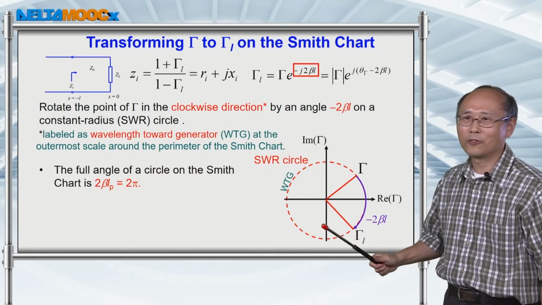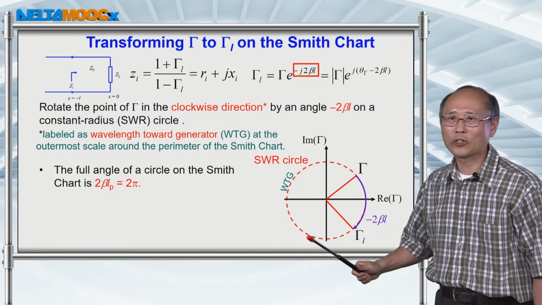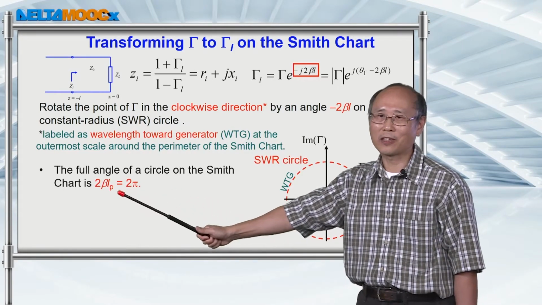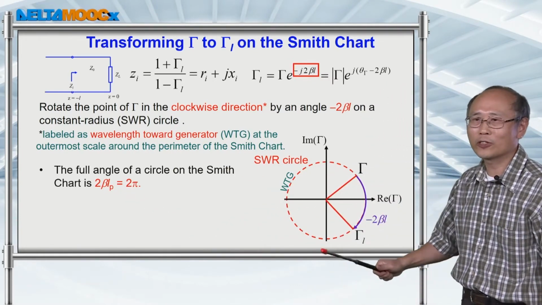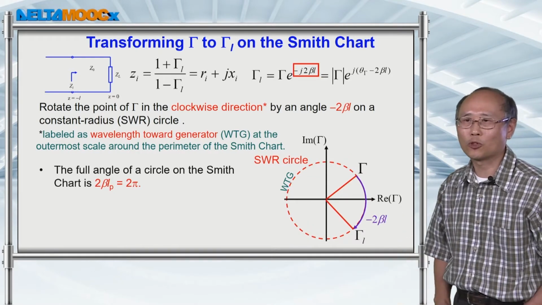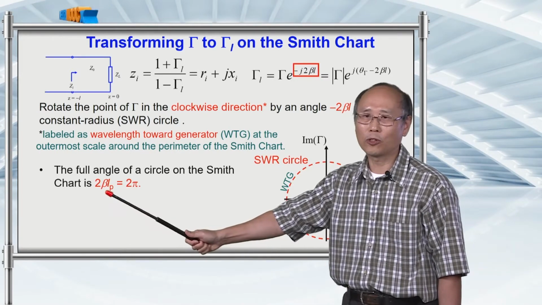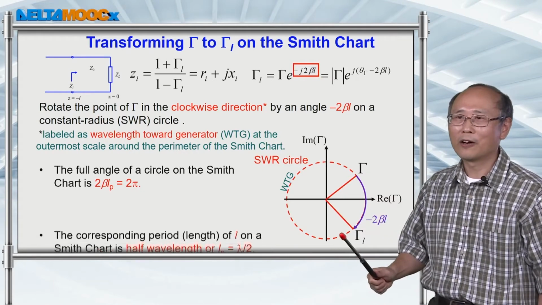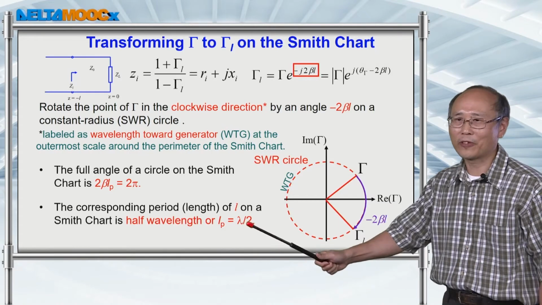And a full revolution of this motion is going to correspond to 2 pi phase for this 2 beta L. So a full circle of motion will give a phase change of 2 pi. If you put beta equal to 2 pi over lambda, then a full circle also corresponds to half a wavelength.